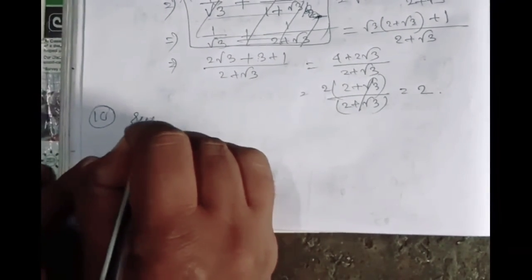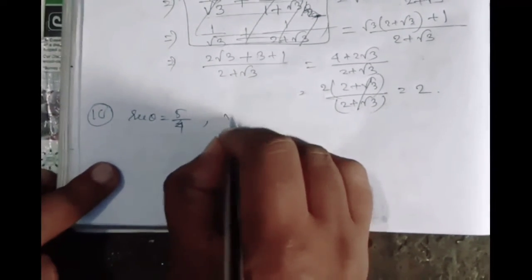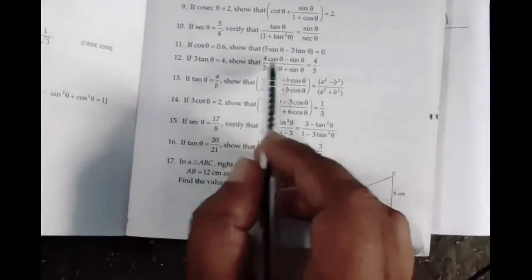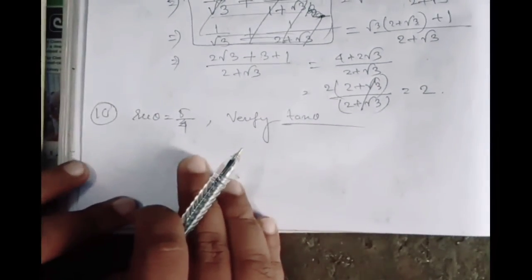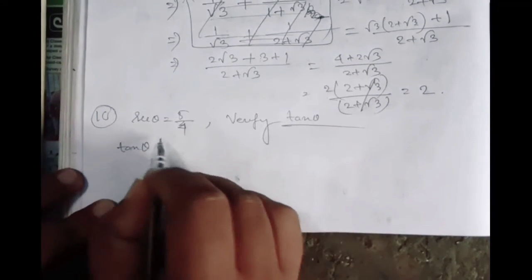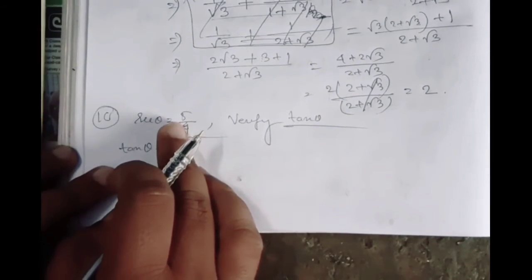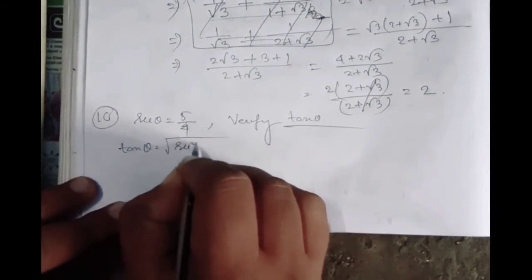Sec theta is equal to 5 by 4. Then we have to verify whether tan theta by 1 plus tan square theta is equal to sin theta or by sec theta or not. So sec theta is equal to 5 by 4. Obviously sec square theta minus tan square theta is equal to 1, so tan theta is equal to root over sec square theta minus 1.